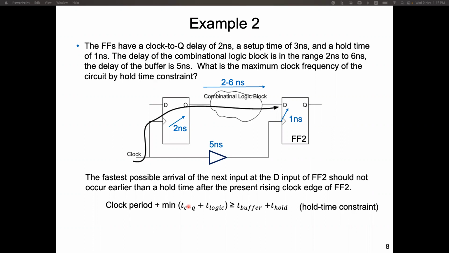But it is possible that the next input here may disturb the signal here. So the next sample is here, and the next input could propagate.